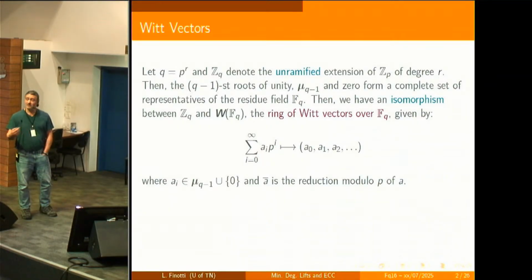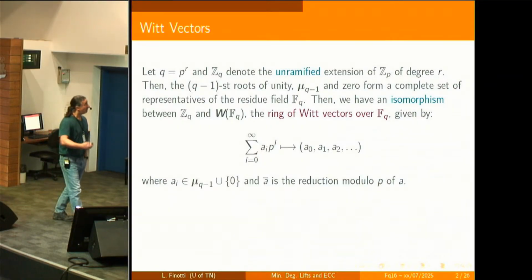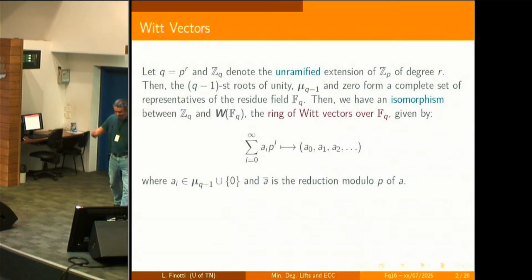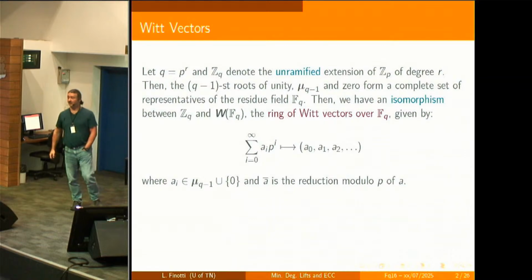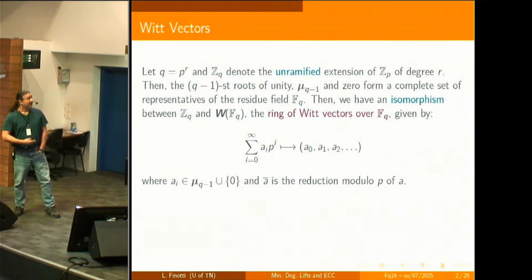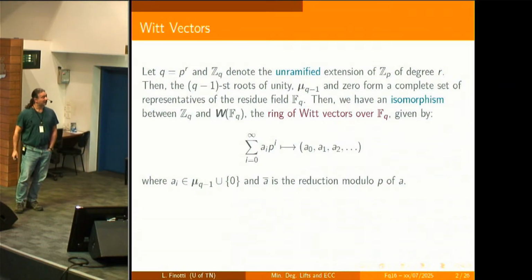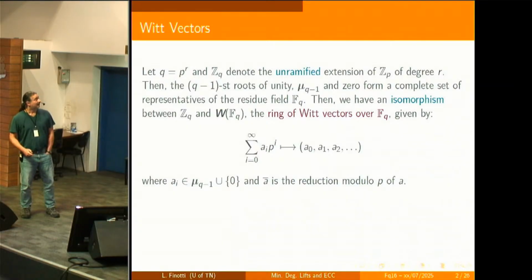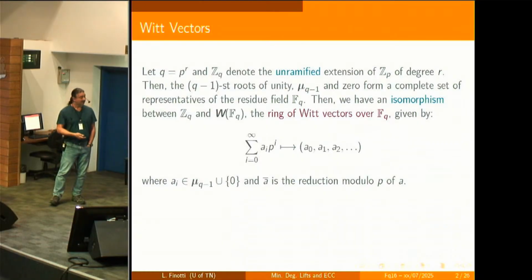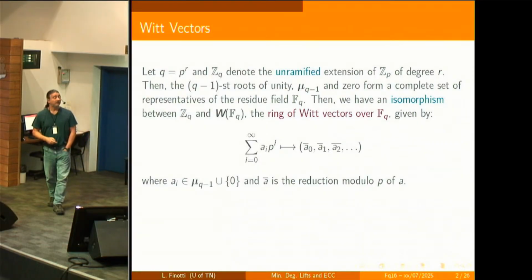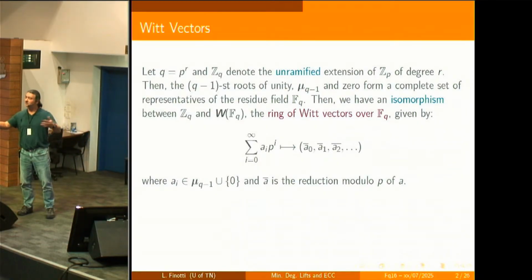So then all your elements of Z_q are power series in p with coefficients these roots of unity with 0. Now, if you want to, for instance, put this in the computer, you can just collect the data. You can collect only the coefficients, so you convert these infinite series to an infinite sequence. But since these coefficients are uniquely determined by the reduction modulo p, might as well reduce them all modulo p and have simpler objects.